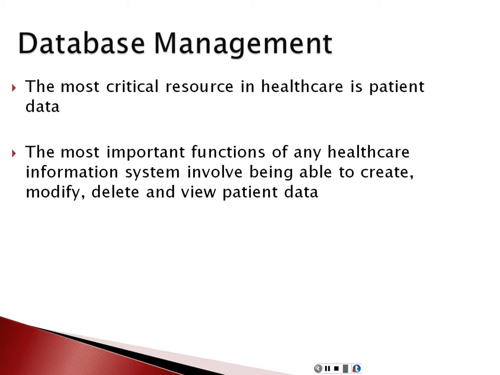Just like with a paper record, we have to know where those paper records are just in case they're needed. We have to know 24/7. So if we know that a patient's record is on a computer, but we can't get the computer to give us the information in the system, then it's no good to us.